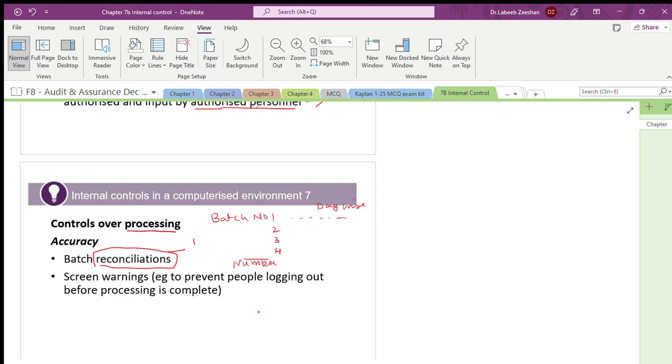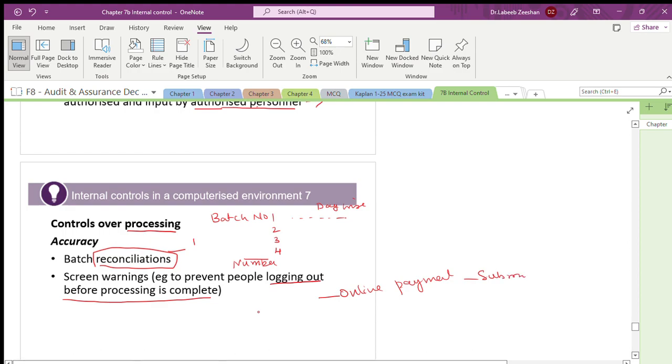Screen warnings to prevent people from logging out before processing is complete. A simple example: whenever you make an online payment, the moment you submit, a message will come that this data is processing, don't exit.